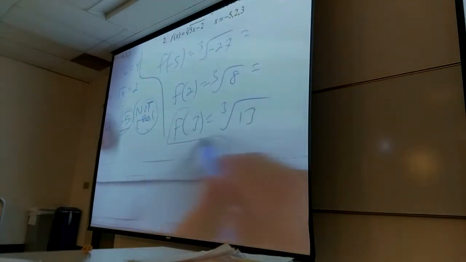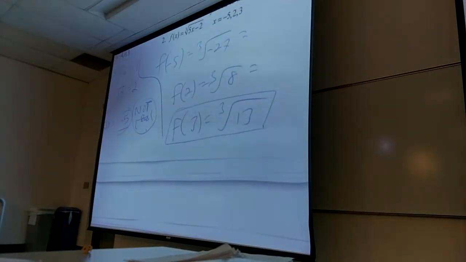So this one we'll talk about in the labs tomorrow, and the next day we'll talk about how to do some of these in the calculator.